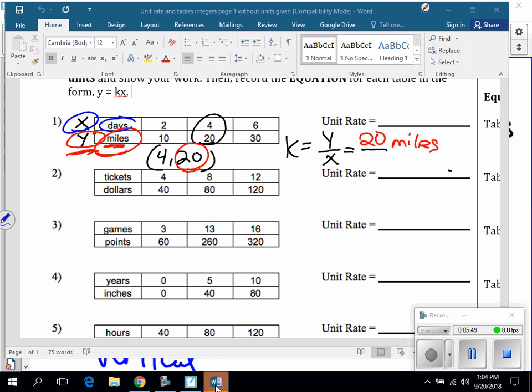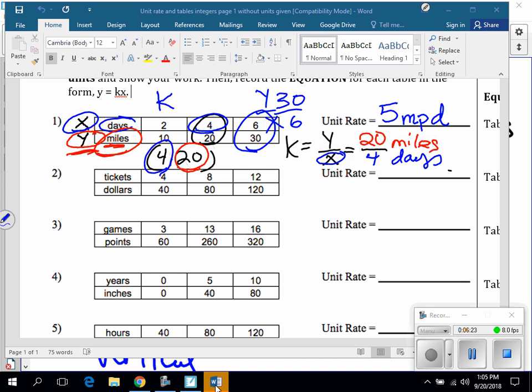Then I record the number of days. Days is what x represents. And 20 divided by 4, you're going to get the same answer, 5. And it's 5 miles per day. I'm just going to abbreviate it this time, so 5 miles per day. And if you think about this last point, it would be 30 divided by 6, which is also going to give you 5.